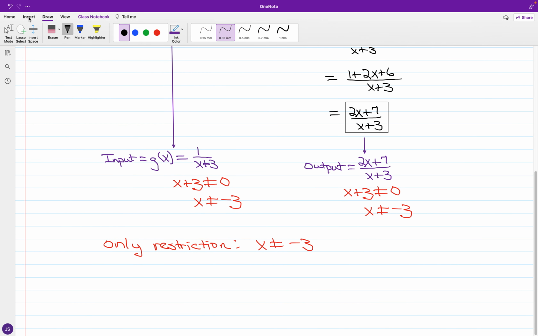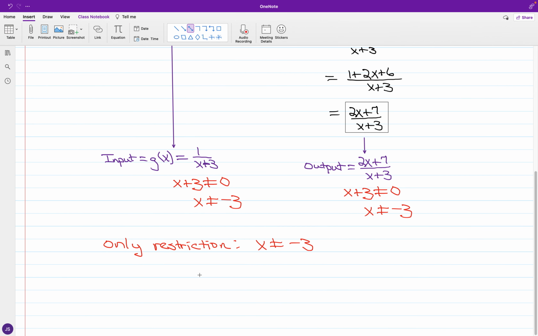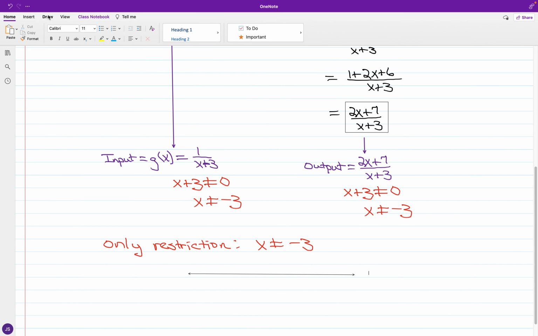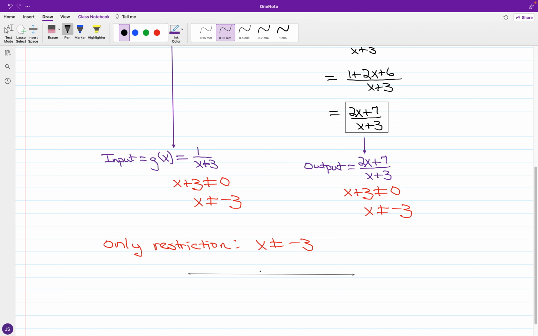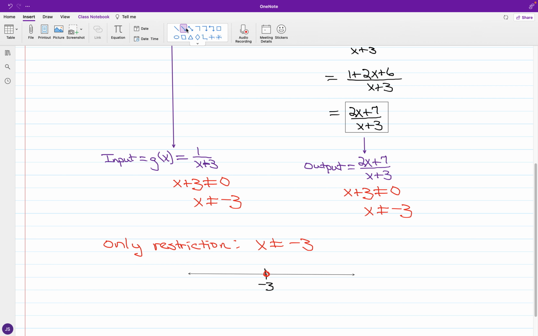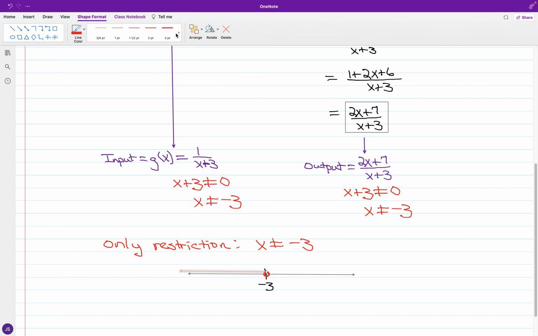Again, just looking at the domain of the composition, we have negative 3 excluded. So you have a hole at negative 3, and we have continuity to both the left and the right.